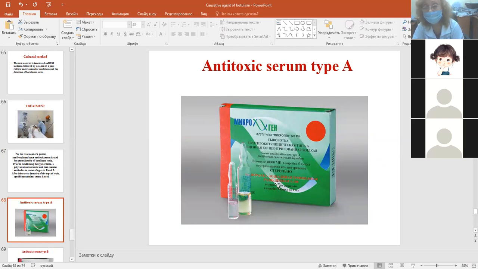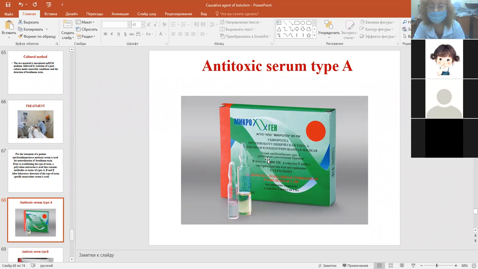So before application of horse serum, doesn't matter whether against tetanus, diphtheria, or botulism, a skin allergic test should be done. And this is serum diluted 1 to 100, especially for this skin allergic test, because we should realize that we are talking about horse serum. Even though there are antibodies, they are horse proteins, and in the serum there are other horse proteins.